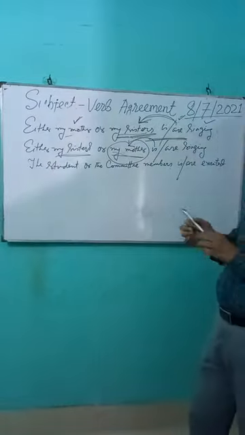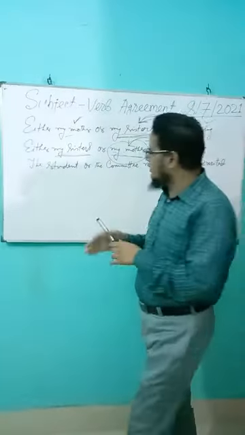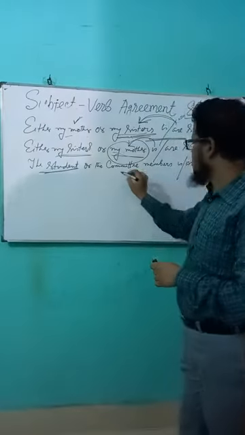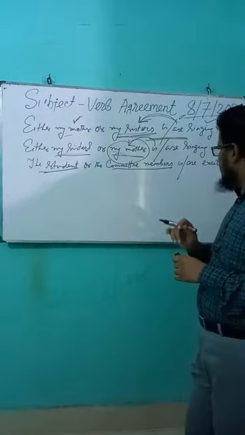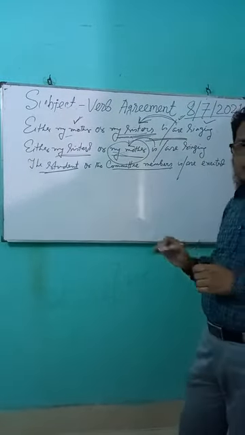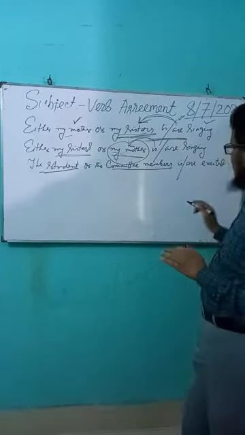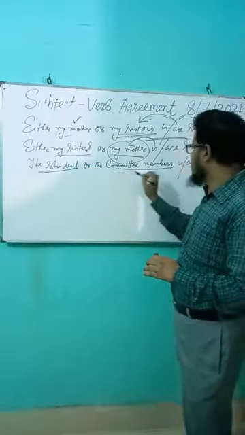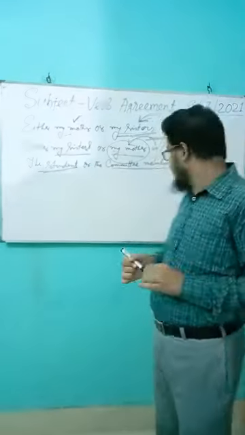Okay, have a look. The student, the subject is singular, and the committee members, the subjects are plural. Is and are excited. So which one will be correct here? The student or the committee members is or are excited. So which one will be correct?